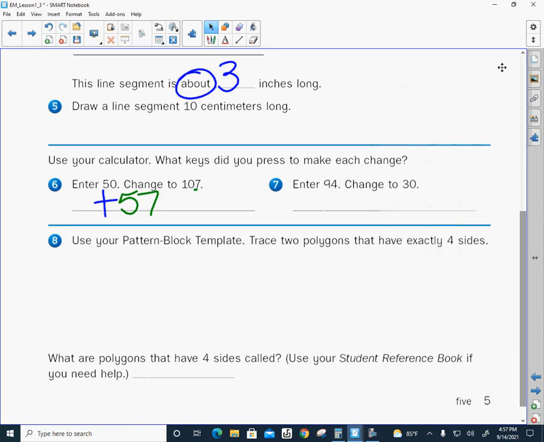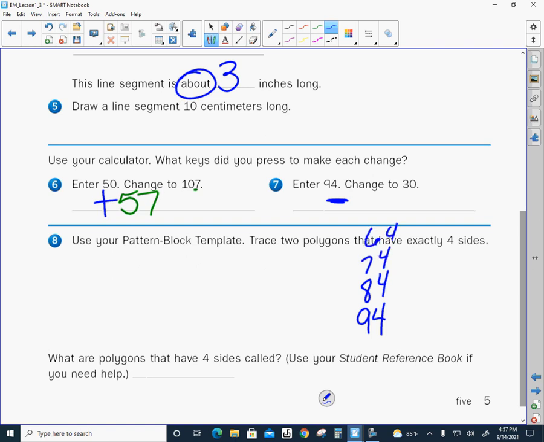And then enter 94 and change it to 30. So guys, if I entered 94 on my calculator and I wanted to change it to 30, that's smaller, isn't it? So I know I'm going to need to subtract. How much will I need to subtract? Well, let's see here. If I went up to 84, and then 74, and then 64, and 54, and 44, and 34.